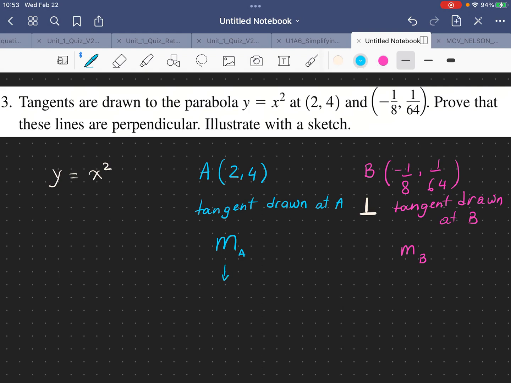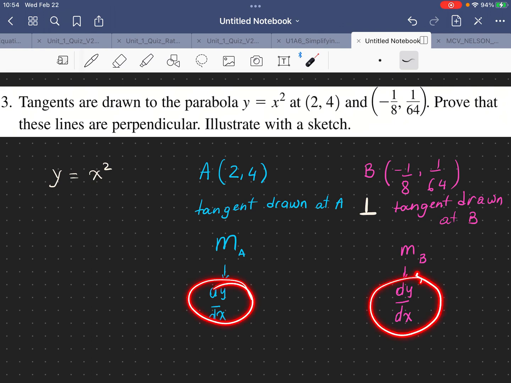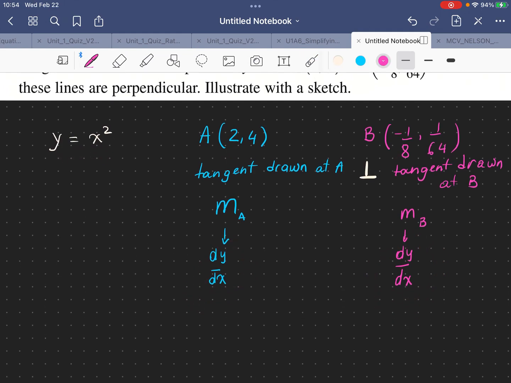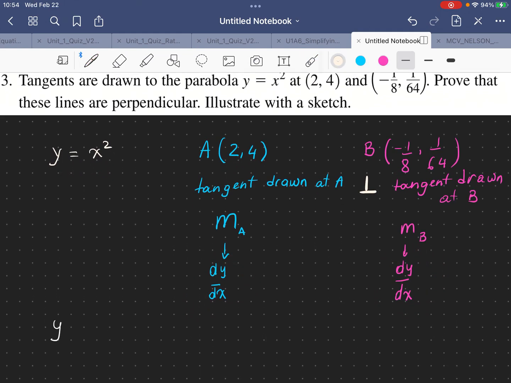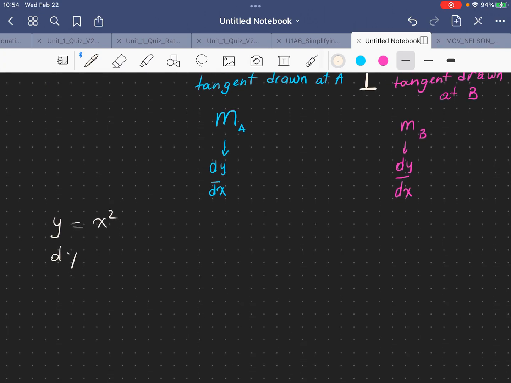So we're going to say that dy dx at A must be the negative reciprocal of dy dx, the slope of the tangent, drawn at B. So we have to get started by finding the values of dy dx, or the derivative of this function, at these 2 specific points. So let's get started with differentiating y equals x squared. The derivative would be dy dx equals 2x.